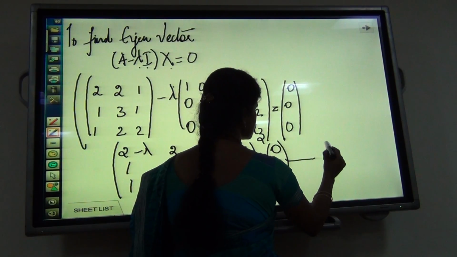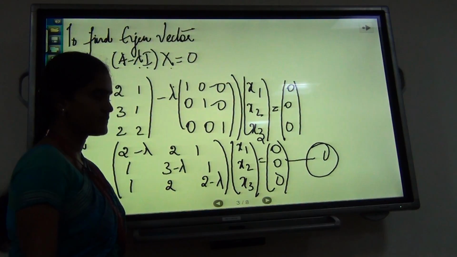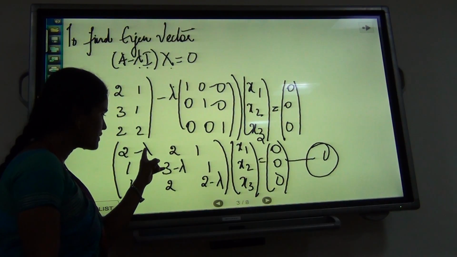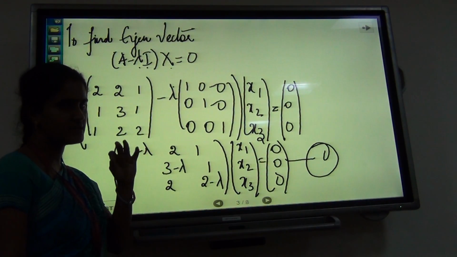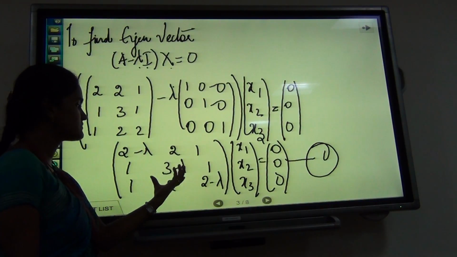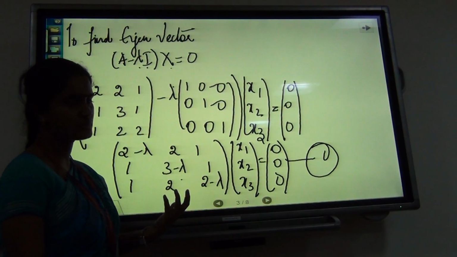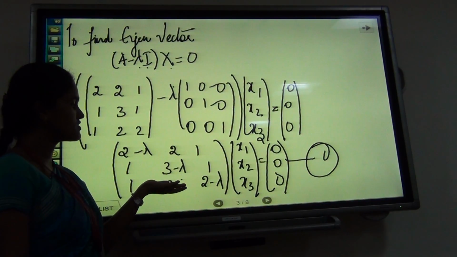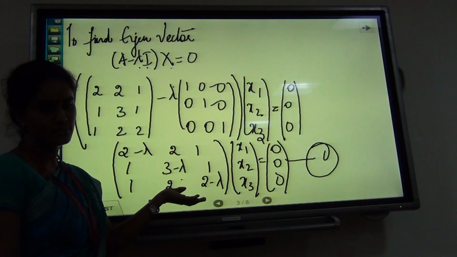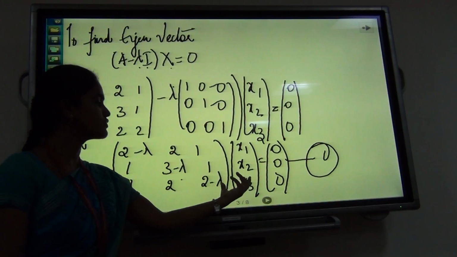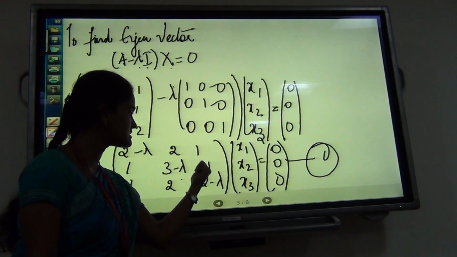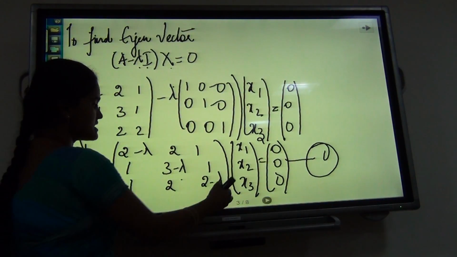We name this as 1. Now, in the place of lambda, we are going to substitute all 3 eigenvalues. By substituting and multiplying into the column vector, you get 3 equations with 3 unknowns, and solving them we could produce the corresponding vector for each lambda.